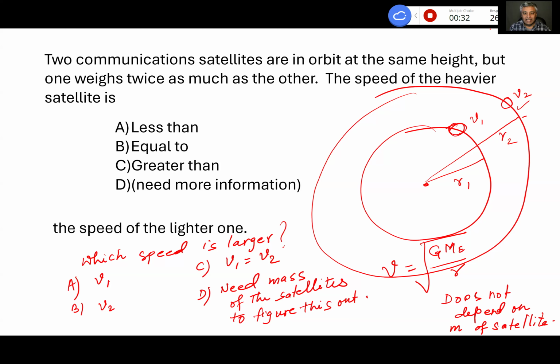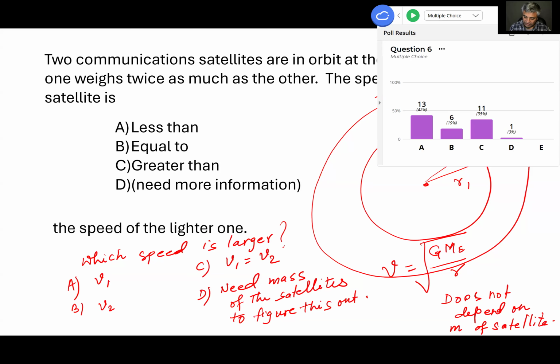Five more seconds. 5, 4, 3, 2, 1, and it stops. So let's see what we got here. We got A and C kind of competing, A a little bit more.